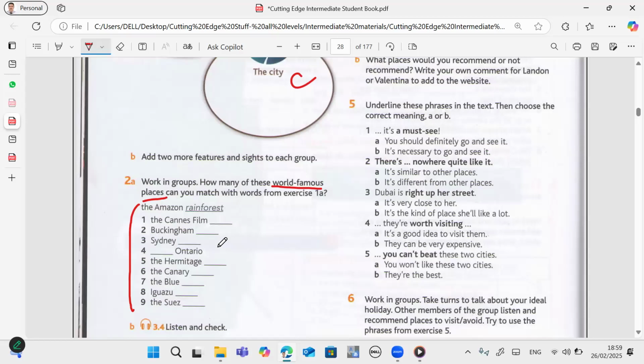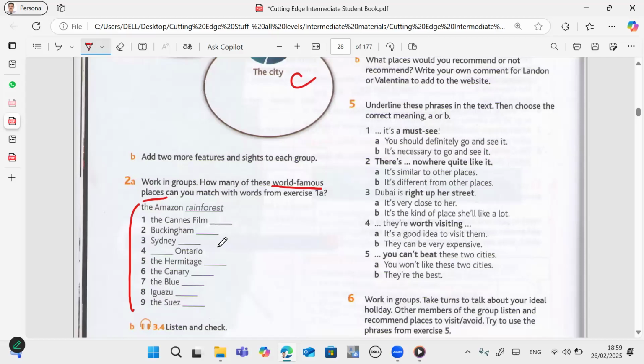5. The Hermitage Museum in St. Petersburg, Russia, is one of the largest and oldest museums in the world. 6. The Canary Islands are off the coast of Africa, but are part of Spain. They are one of the most popular tourist destinations in Europe. 7.